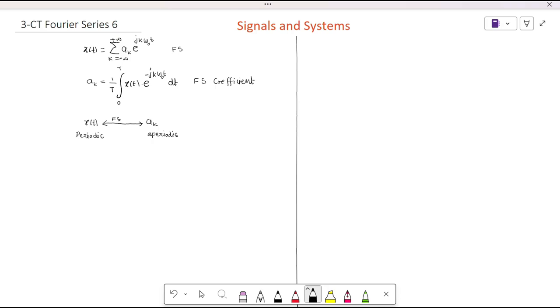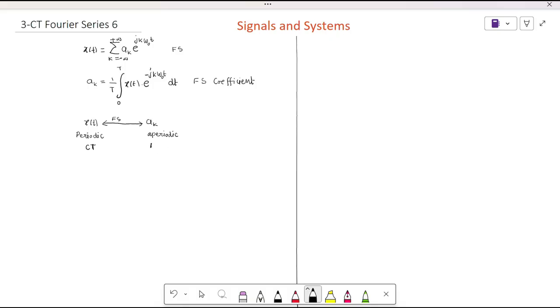So this is aperiodic. This x of t is continuous time. We are taking the continuous time Fourier series, as I have written here, CT. Coming to ak, we have drawn ak versus k, and k is an integer, so ak is discrete.